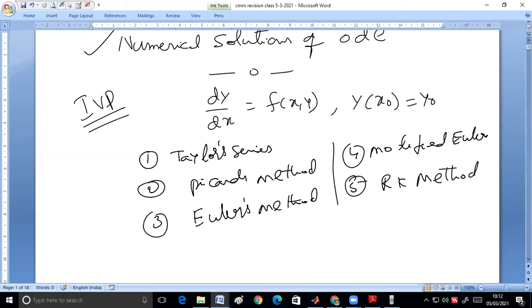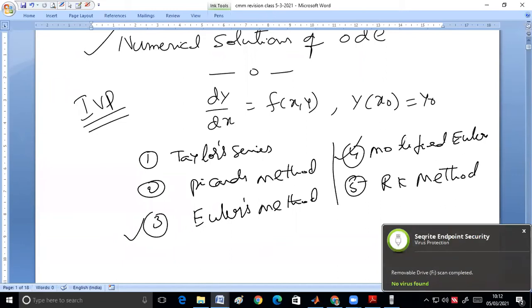Today we will discuss Euler's method and modified Euler's method. If possible, we will discuss the RK method also, depending on the time.